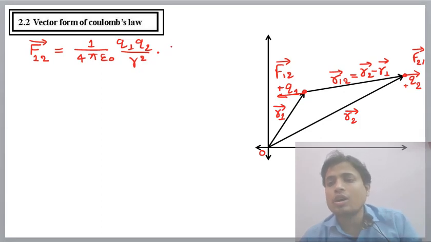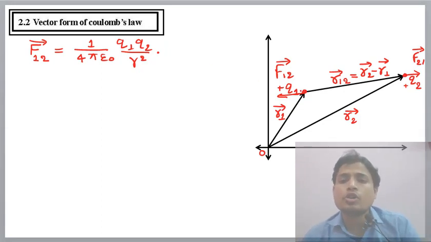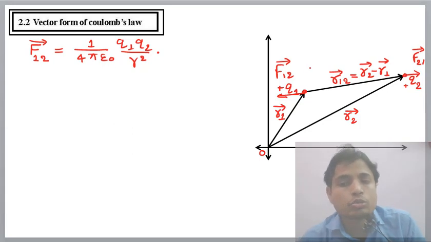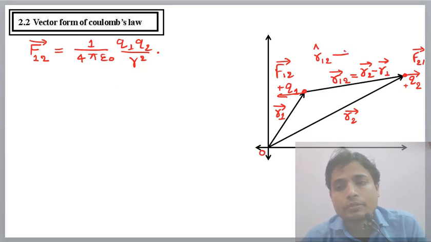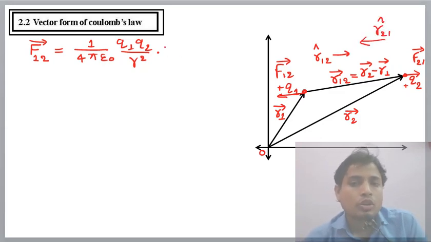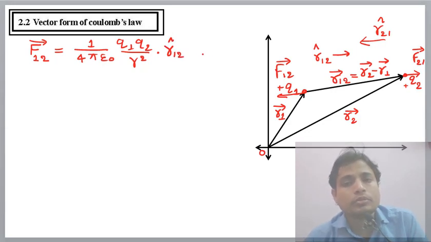So what is the direction from Q1 to Q2? Let the direction be R12 cap, and direction from Q2 to Q1 is unit vector R21 cap. So we can write here R12 cap, equation number 1.